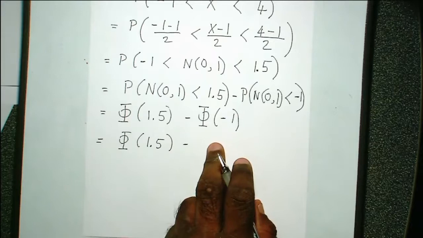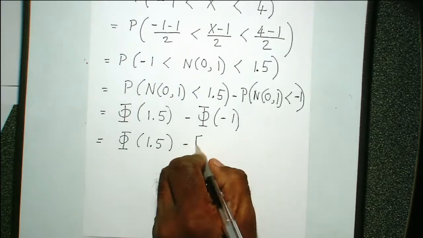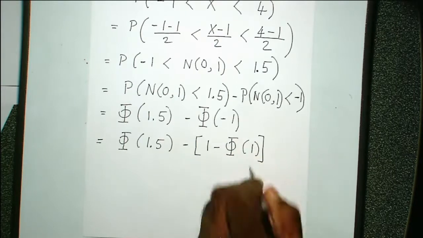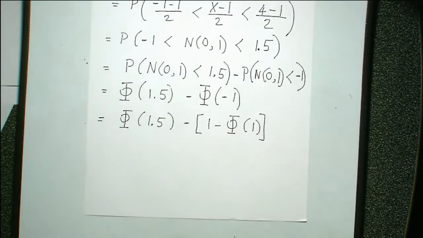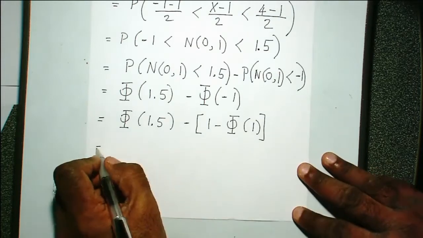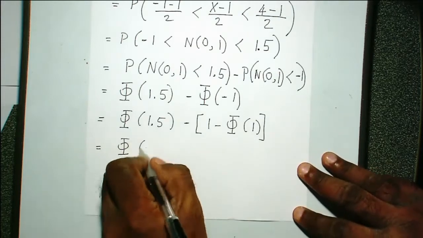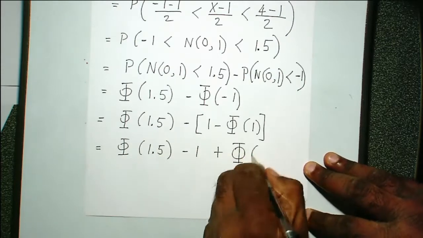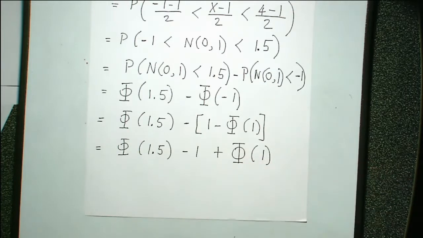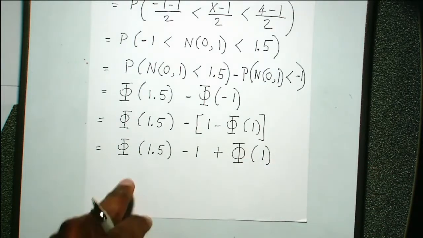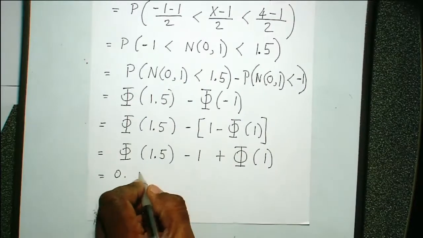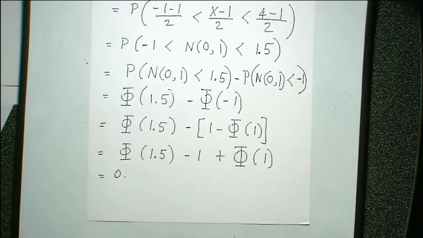Okay, listen, phi at -1 can be written as, right? Are you guys with me or what? Now, if you read the table, here we go again. You should read the table. Phi at 1.5 is 0.9332. You guys have a copy of the table in front of you.